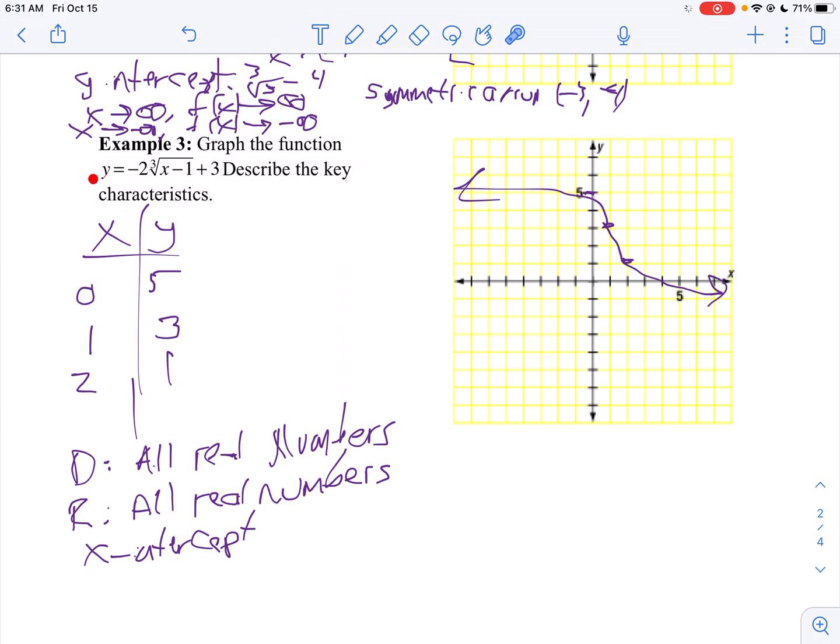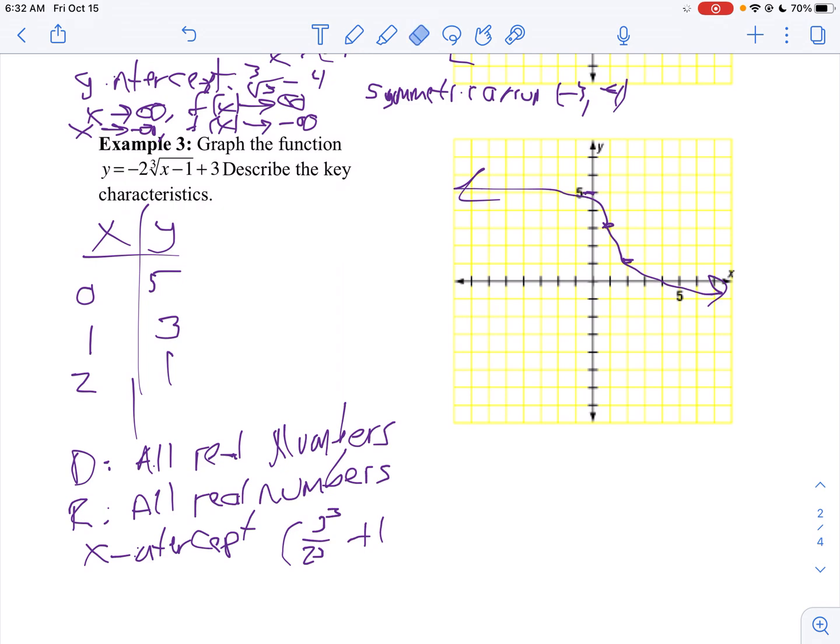So I'll put a 0 in here for y. So I'll subtract 3 from both sides, so I get negative 3. I'll divide by negative 2, so I get 3 over 2. And then what I'm going to do is I'll cube that. So I'll get 3 cubed over 2 cubed. And then I'll add 1 to that.